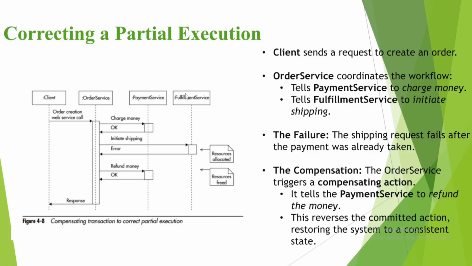As we see from figure 4.8, when the error happens in the fulfillment service stage, it doesn't roll back to the client or service. Rather, it returns to the payment service, the immediate prior one, so that there is efficiency and at the same time a solution.